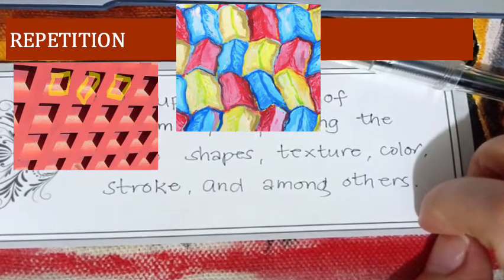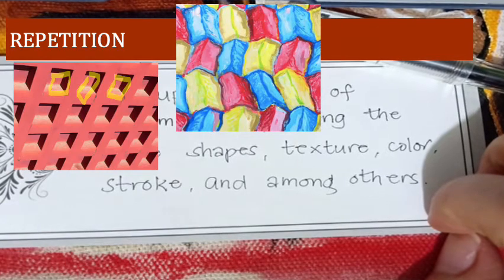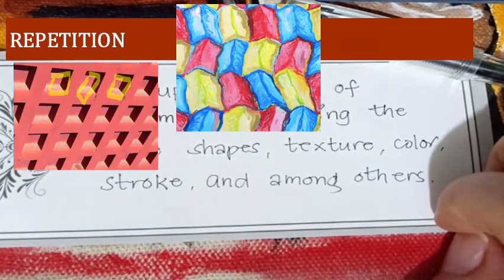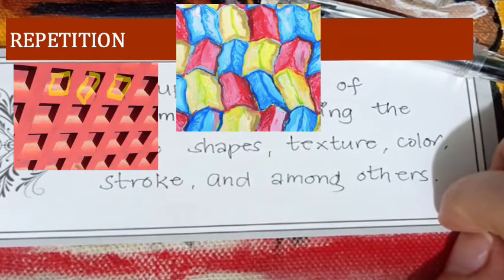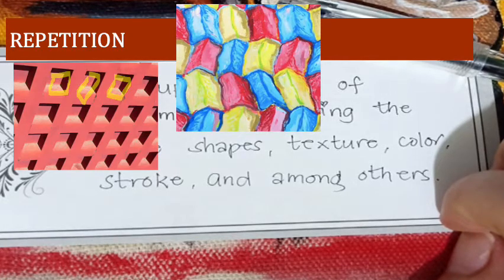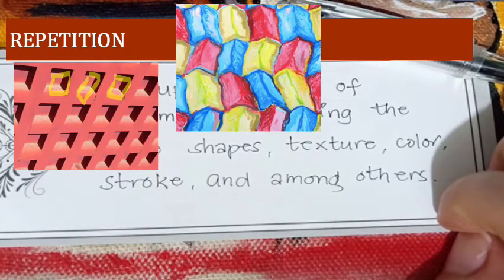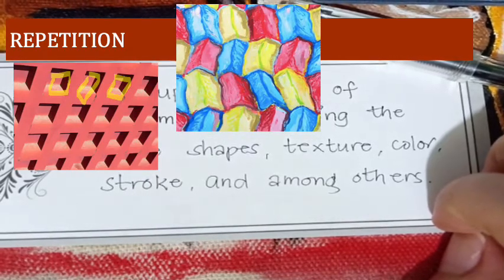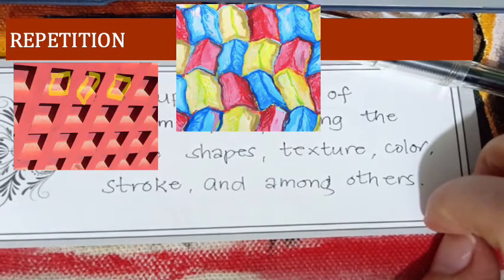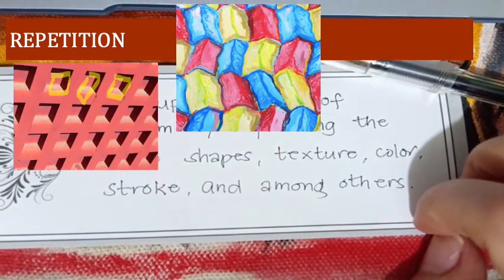It doesn't have to be necessarily kanang identical jud pod. So as long as there is repetition of a particular object, line, shape, or color, that will give you the sense of repetition. And of course, a whole artwork made out of repetition.